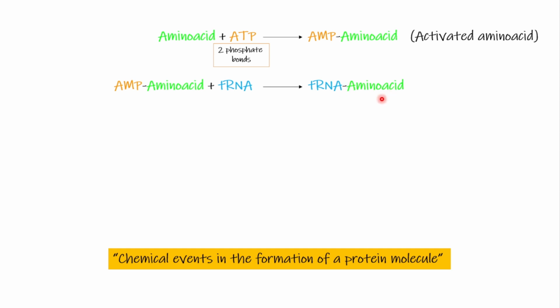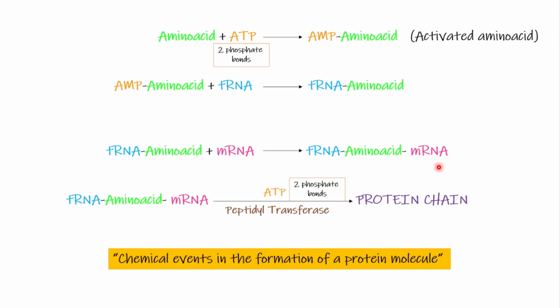Now this transfer RNA and amino acid combination will move towards the ribosome on the messenger RNA, where this amino acid will be attached to the other amino acids. Now this transfer RNA amino acid combo will get attached with messenger RNA, making a transfer RNA, amino acid, and messenger RNA trio. Now this will finally give the amino acid to the already formed chain of protein.